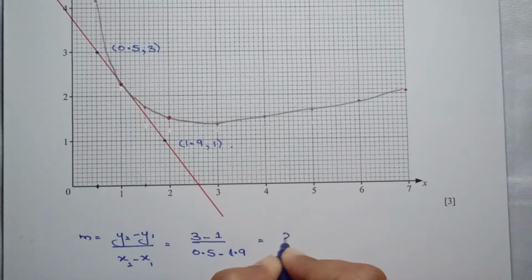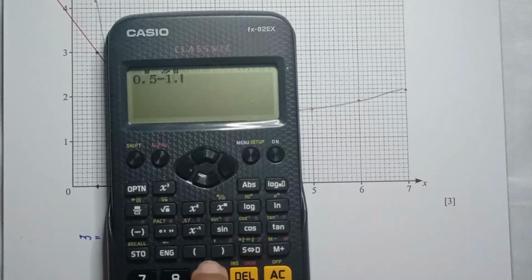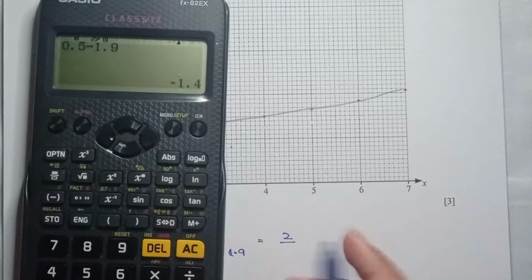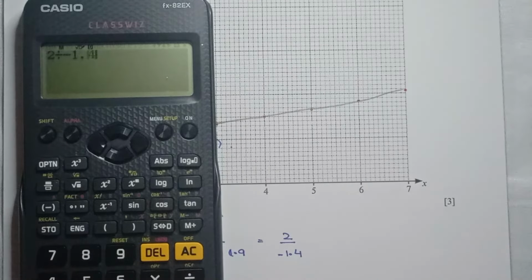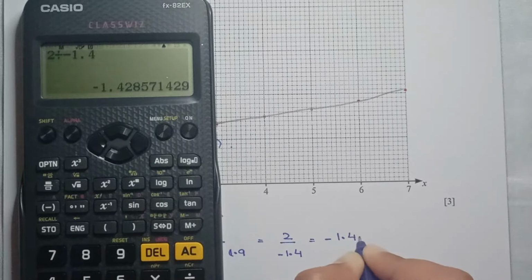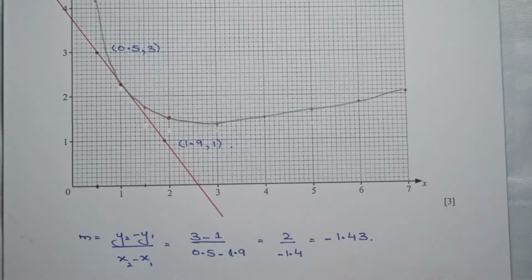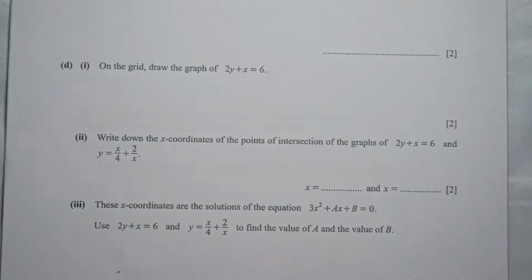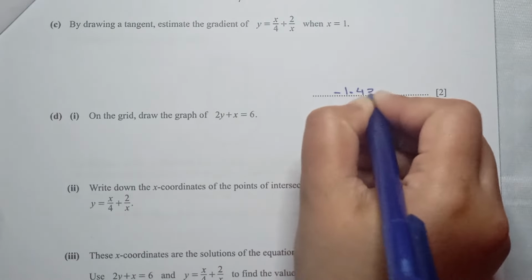So 3 minus 1 is 2, and 0.5 subtract 1.9 would be negative 1.4. 2 divided by negative 1.4 would be minus 1.43, if we are rounding to 2 decimal places. So the gradient of the tangent at x equals 1 is minus 1.43. This is the answer for the C part.